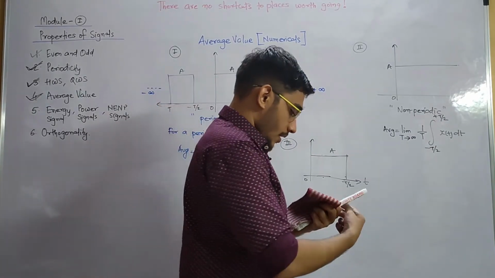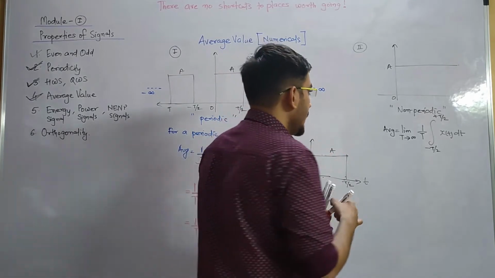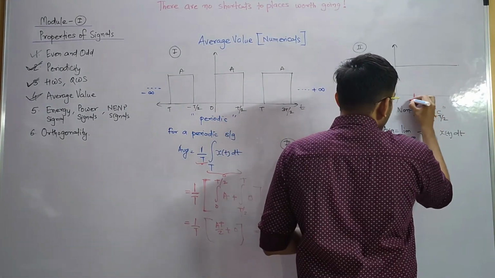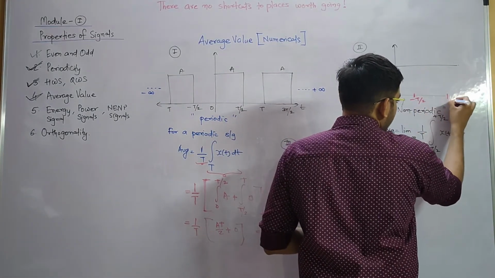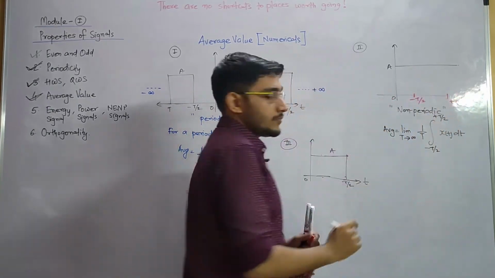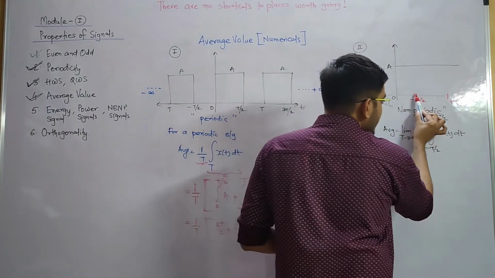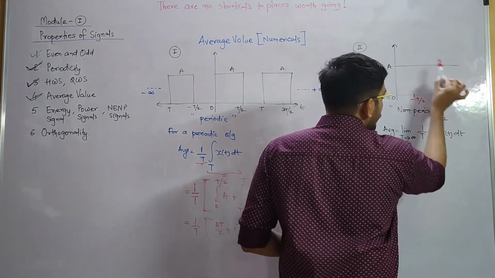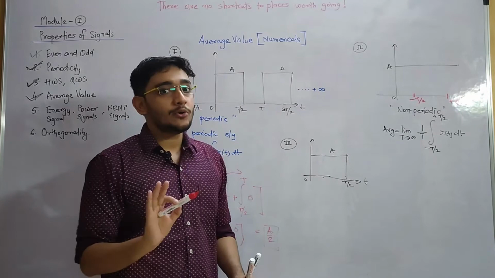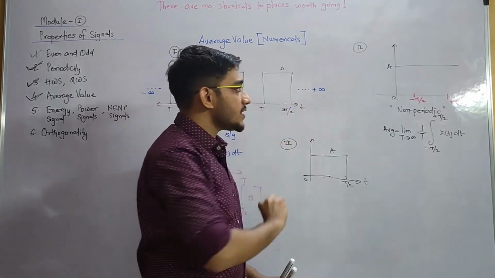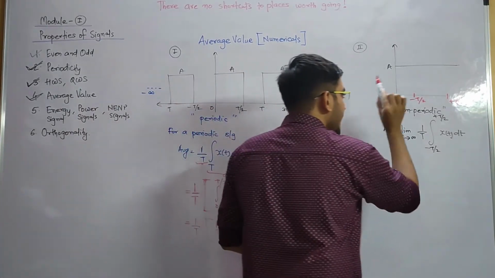So now if I say that I choose my minus t by 2 to plus t by 2 somewhere here, is it right? Just see, in minus t by 2 to plus t by 2 my amplitude is constant, so there is basically no amplitude change. But if you see this signal properly, there is an amplitude change.